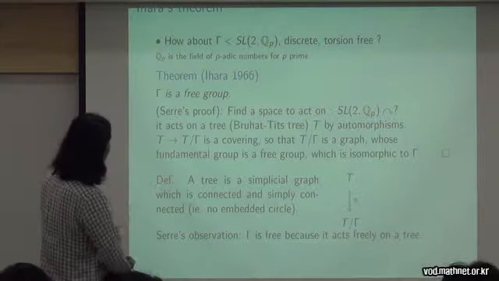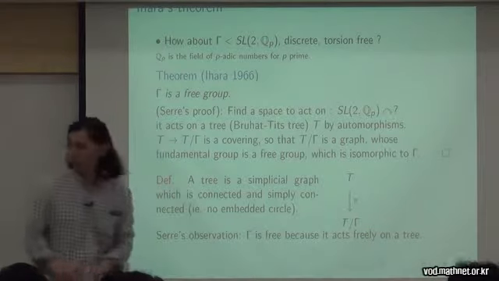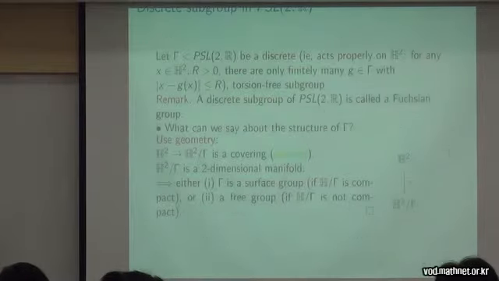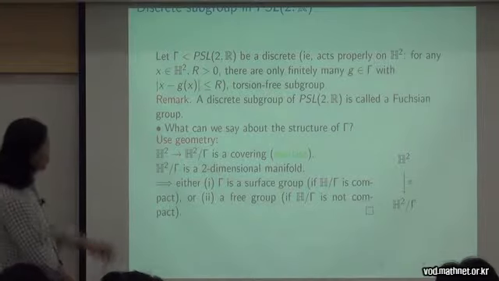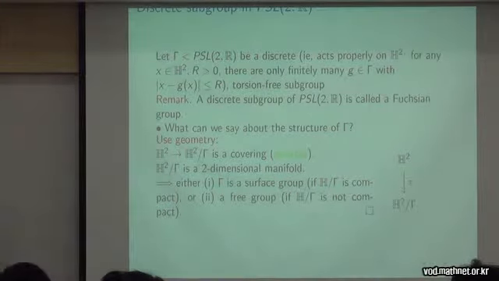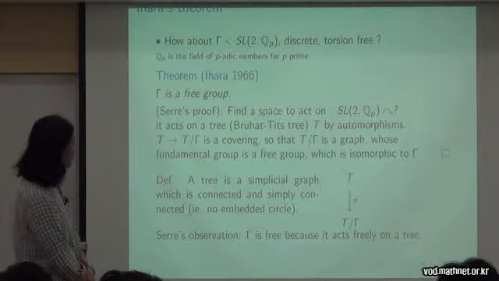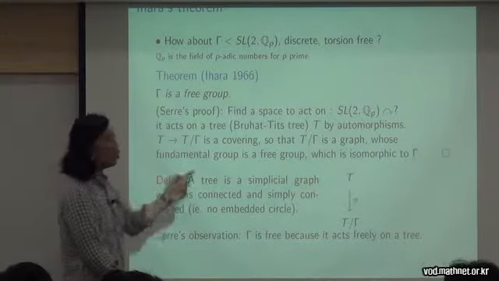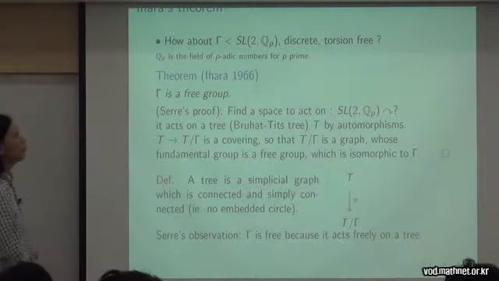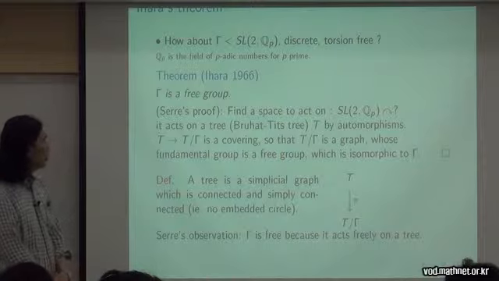So what is the approach he took? He wanted to find, remember the previous argument: SL2(R) is acting on hyperbolic space, therefore its discrete subgroup gamma acts on that, therefore you go to the quotient space and do some kind of topology. Here what's missing is a space for SL2(Q_p) to act on, and Serre found it acts on the tree.